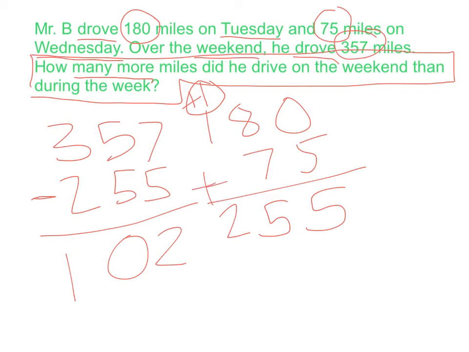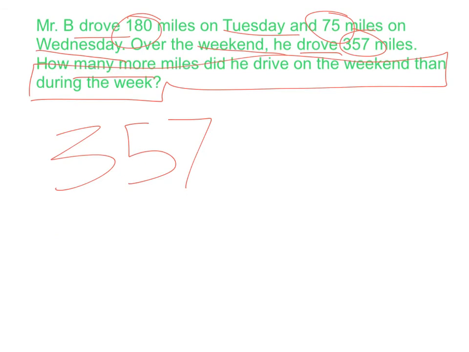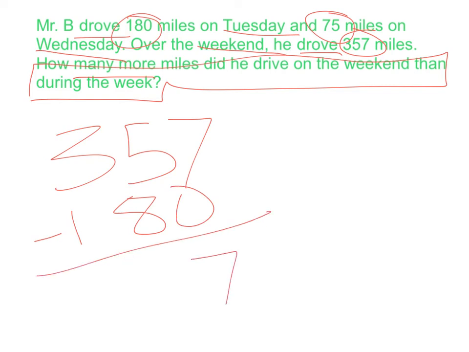Add first and then subtract. The other way I could have done this was I could have subtracted twice rather than added and then subtracted. So 357 subtract 180, because that's how much I drove on Tuesday. 7 minus 0 is 0. Can't take 8 away from 5, so I'll need to borrow a group of 10 from here. Make that a 15. 15 minus 8 is 7. 2 minus 1 is 1.